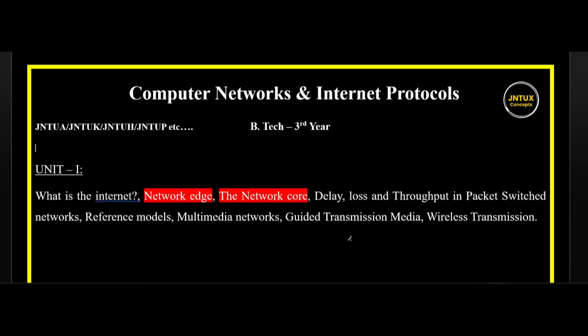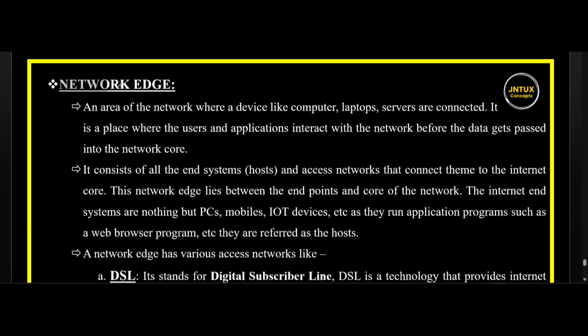In this one, we are going to discuss what is network edge and the network core. These two topics are discussed in this video. The first topic, network edge. Network edge is an area of network where a device like computer, laptop, servers are connected.